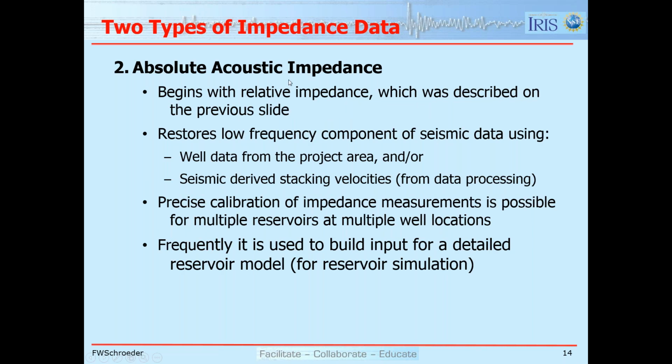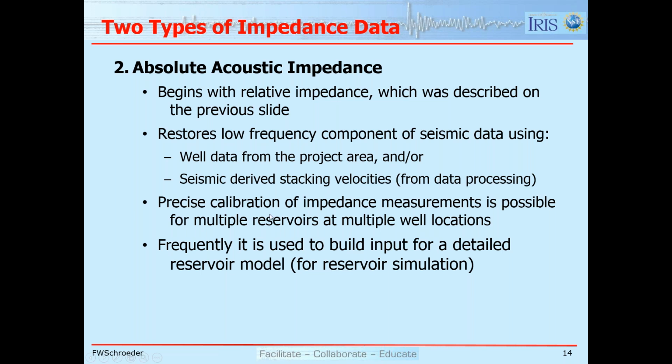With absolute acoustic impedance, we begin with the relative impedance, which I've just talked about. We get an estimate of what the low frequency component of the seismic data is. We can get that from well data within our study area, our project area, or we can get velocity data from our stacked analysis to get a stacking velocity that comes to us via our seismic data processors.